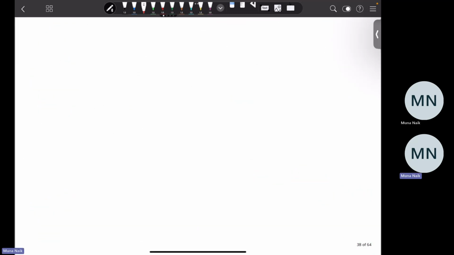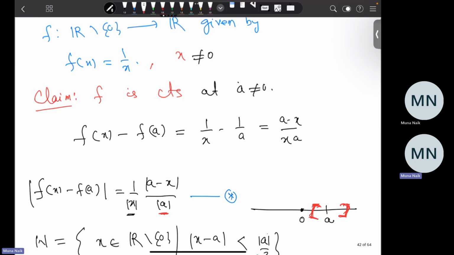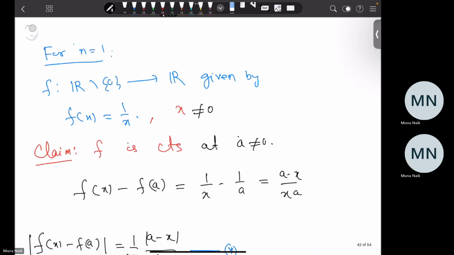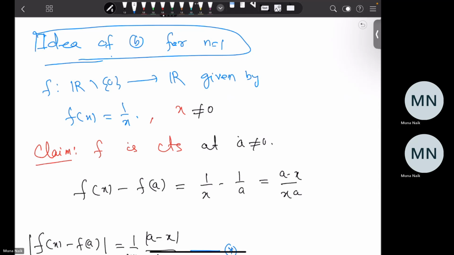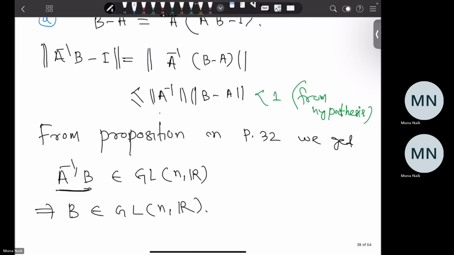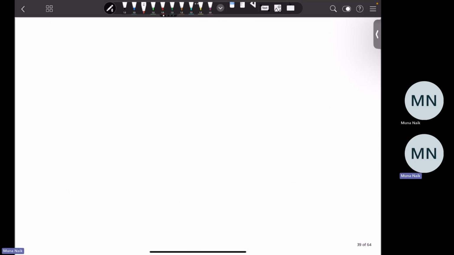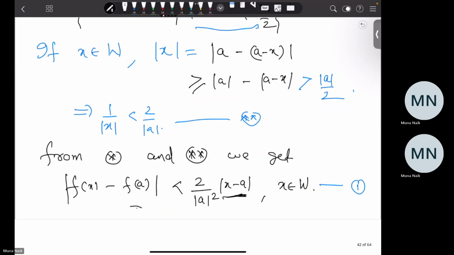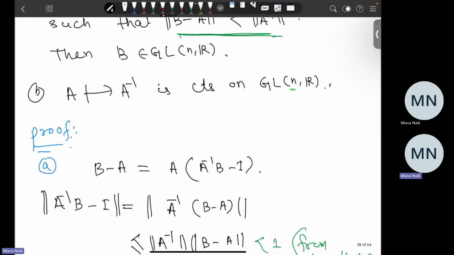Let us call this the idea of the proof of B for general n. So let us prove this thing, B. The proof of B is the following.